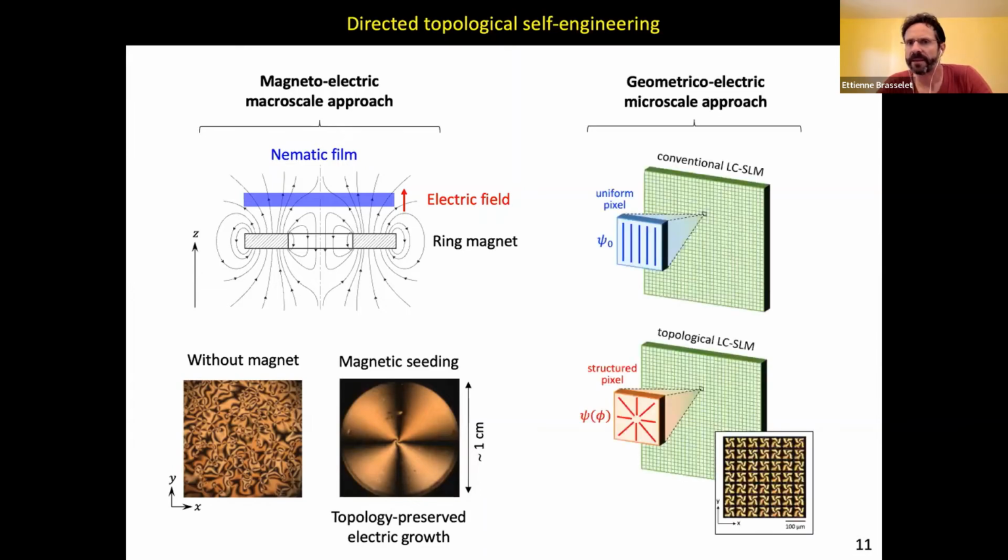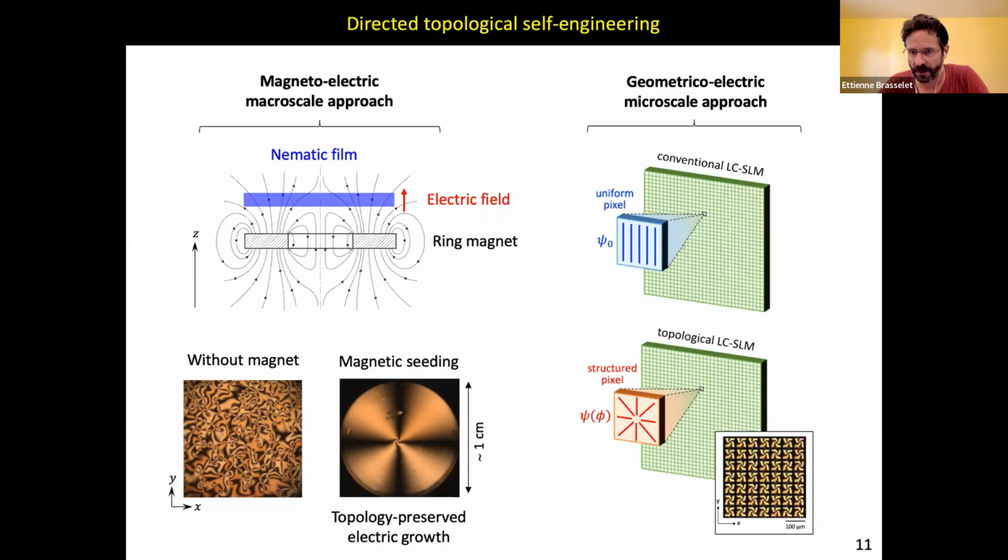Another example, this time at the micro scale, is that we are developing spatial light modulators made of liquid crystal, but this time not using usual liquid crystal pixels where the orientation is fixed and imparting a well-defined phase to light interacting with the pixel, but using structured pixels. Every pixel now is a topological defect spontaneously organized.